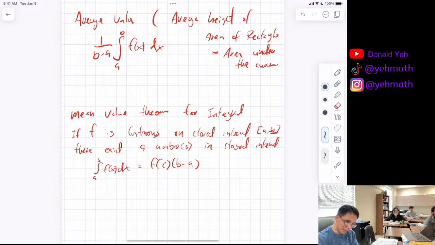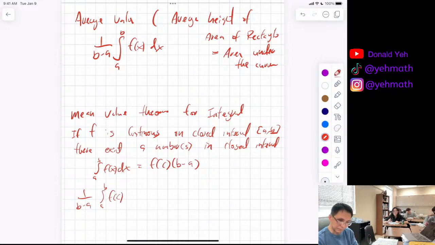If you divide both sides by b minus a, you're gonna get 1 over b minus a times the integral from a to b of f of x dx equal to f of c. You are looking for c this time.